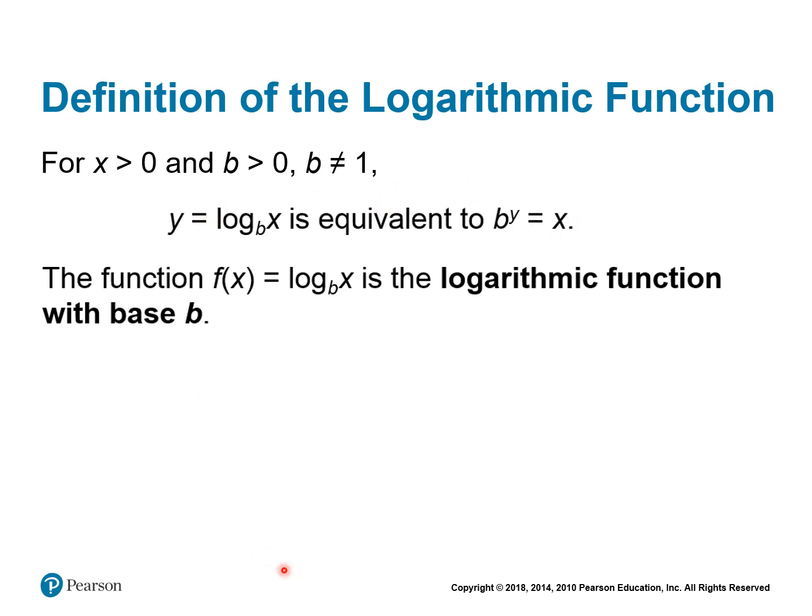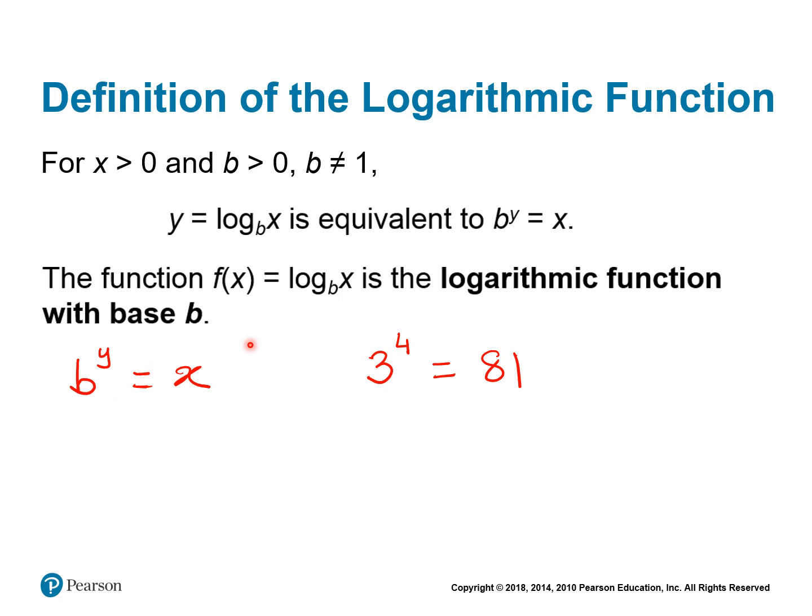Let me write this down, the exponential form here. It says b to the power y equals x. And on the right hand side, I'm going to use an example like 3 to the power 4 equals 81.